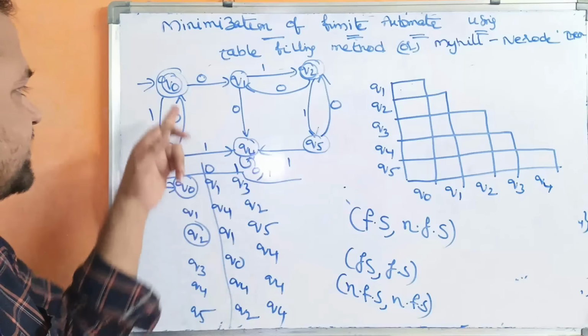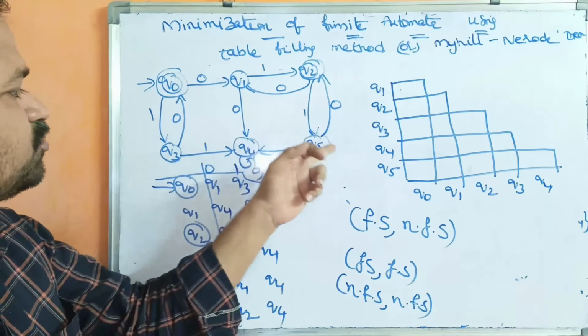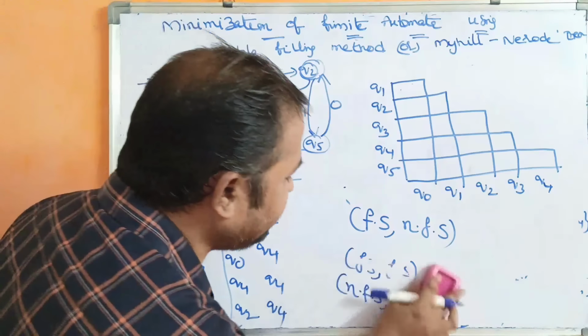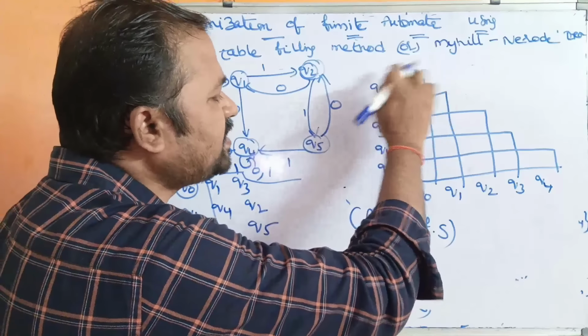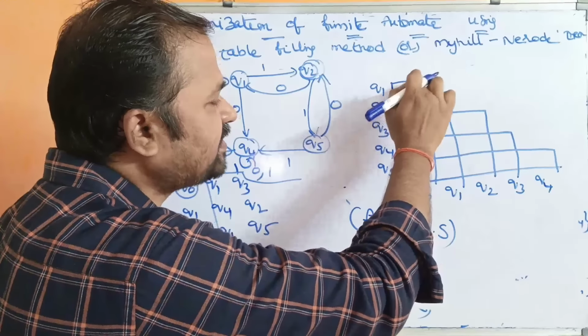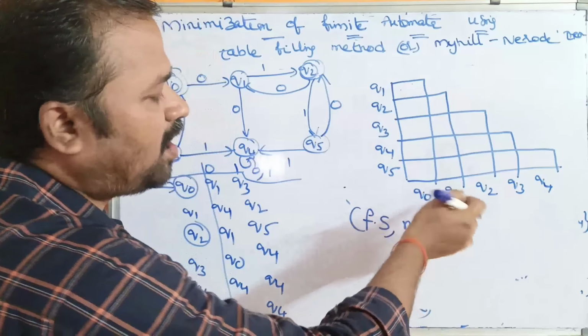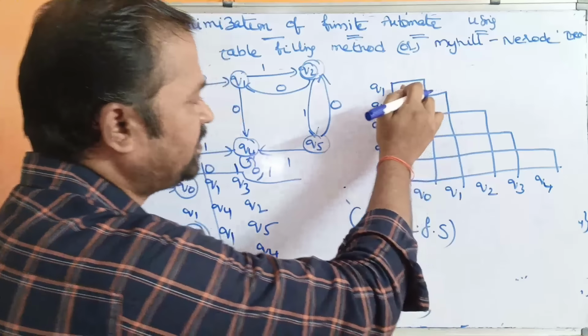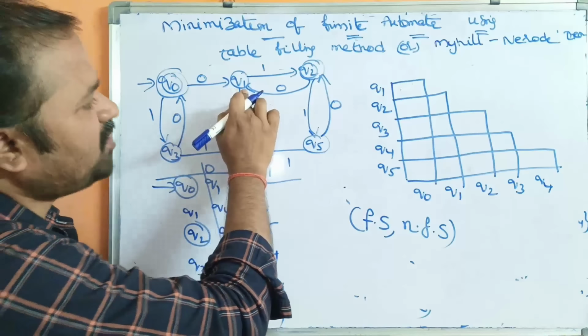Here what are the final states? Q0 and Q2 are the final states, whereas Q1, Q3, Q4, Q5 are non-final states. Now let us see. This box belongs to Q1, Q0, or we can call it Q0, Q1. Q0 is a final state, whereas Q1 is a non-final state.